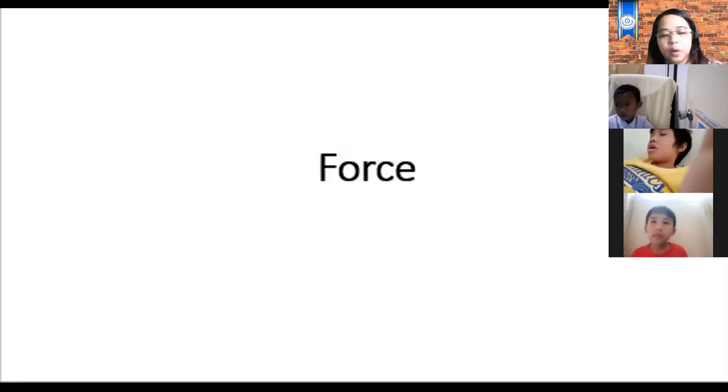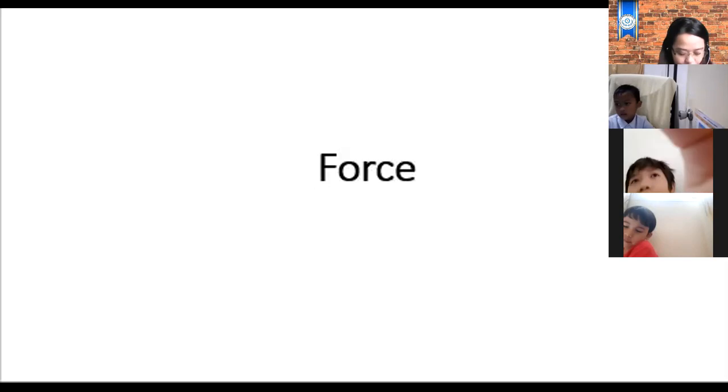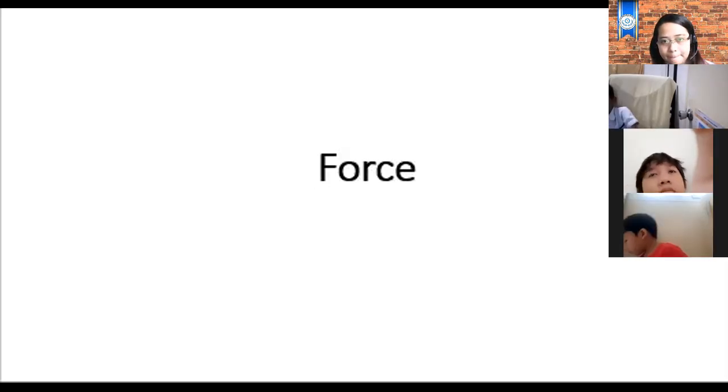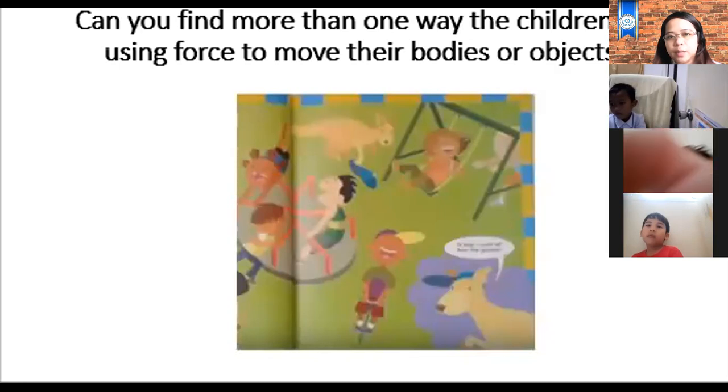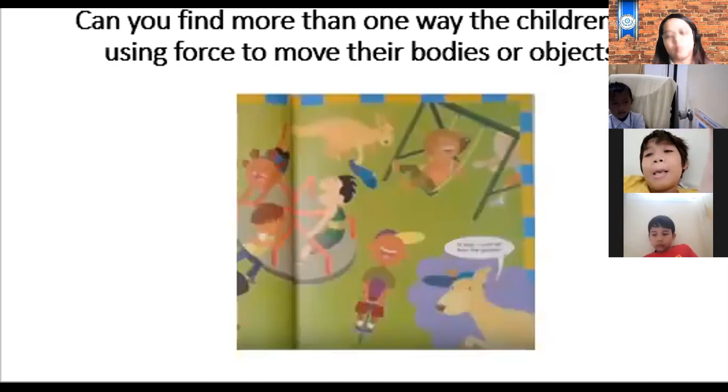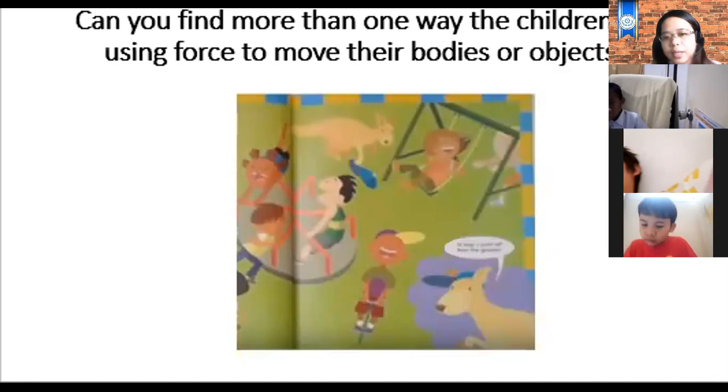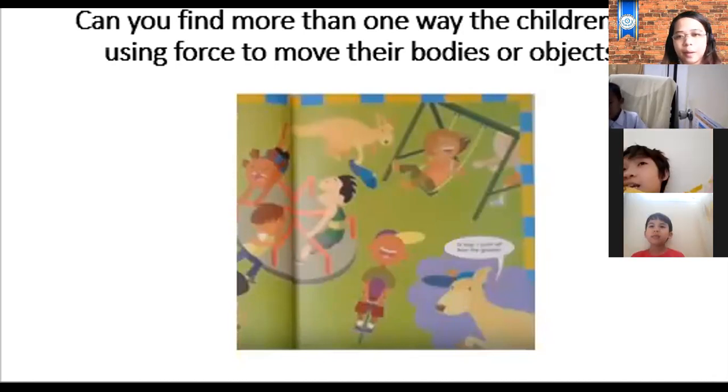So today we're going to discuss a topic in science. To start, let's take a look at the picture below and tell me what forces are being exerted in the picture.